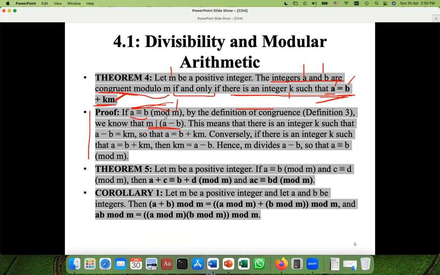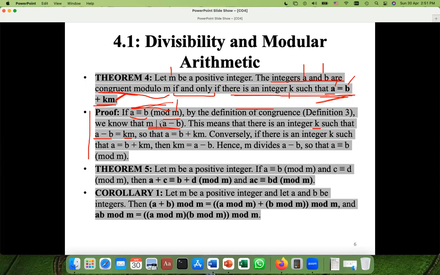When m divides a minus b, m is the divisor, and we divide a minus b by m. Then it means that m will multiply with some quotient and be equal to a minus b. We call that quotient k. Then we can write a minus b equal to k times m, where m is the divisor and k is the quotient.